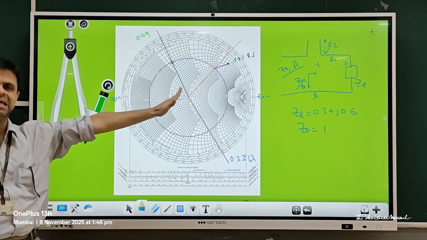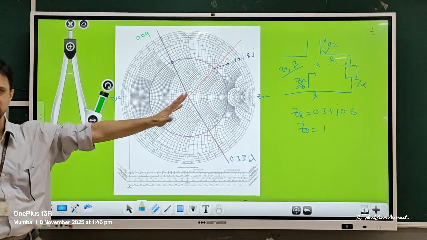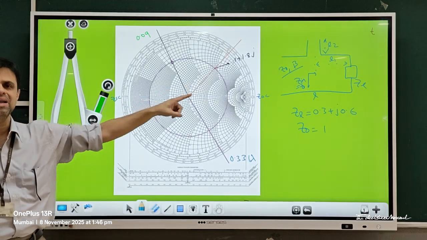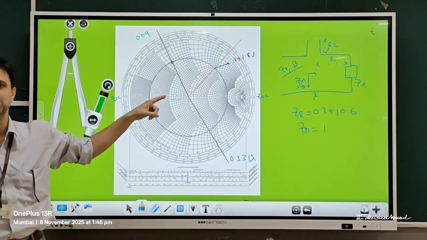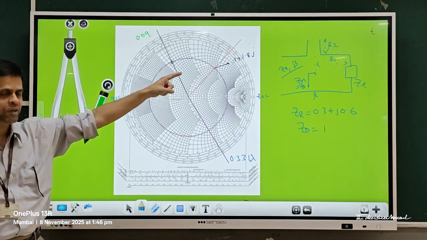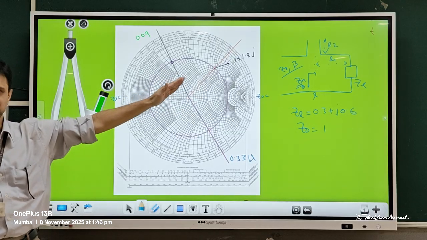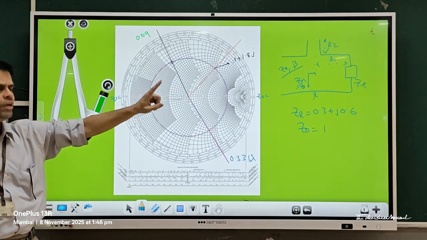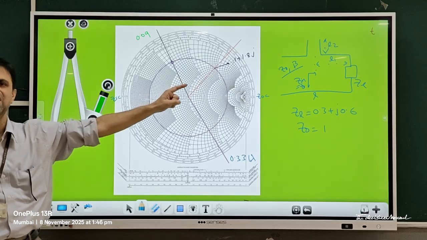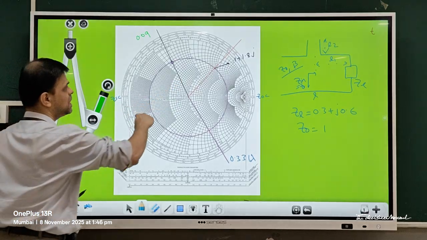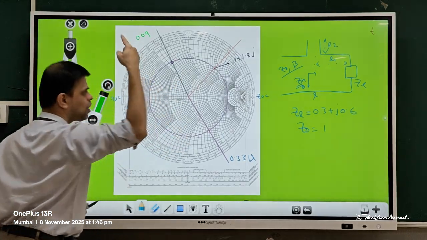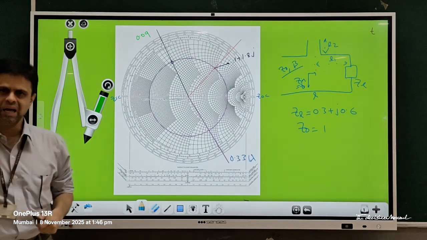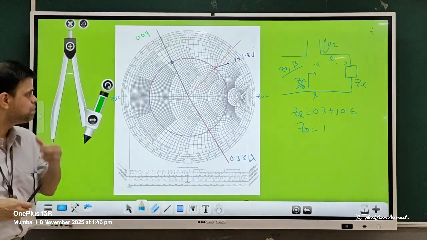If you do not realize any stub connections, parallel or series, the value of gamma remains the same whenever the loss factor is not changing. We are considering a lossless transmission line, which means the loss component is not changing, so the gamma value has to remain the same. That's why we are going to move along the constant gamma circle to realize the impedance matching.